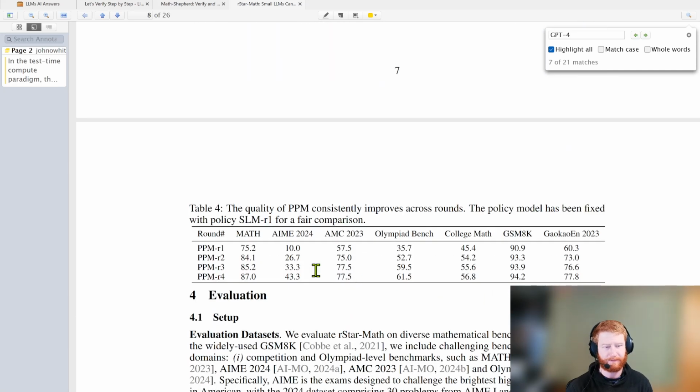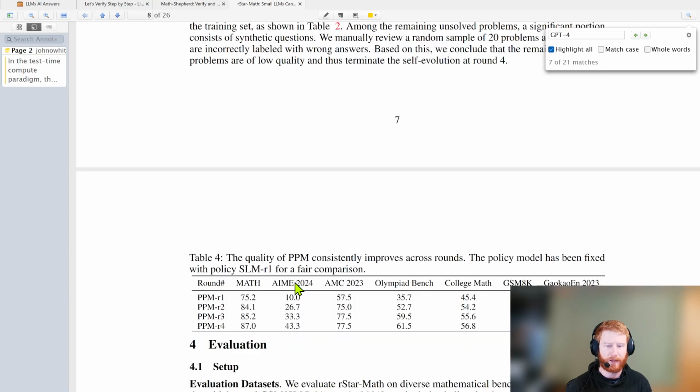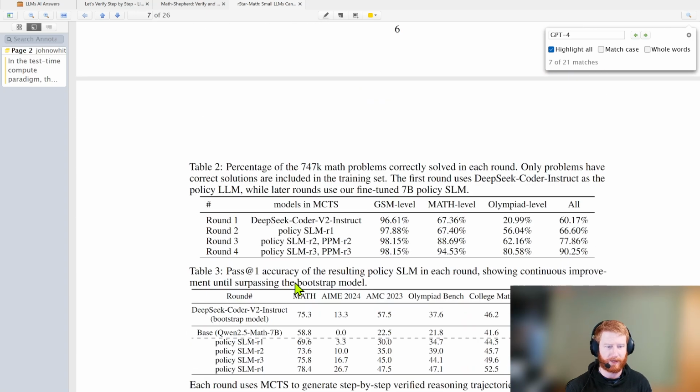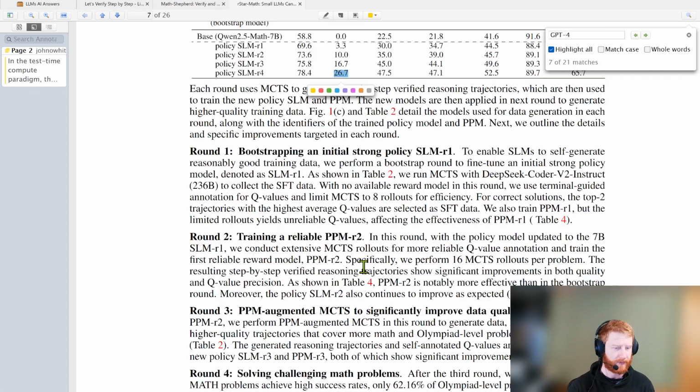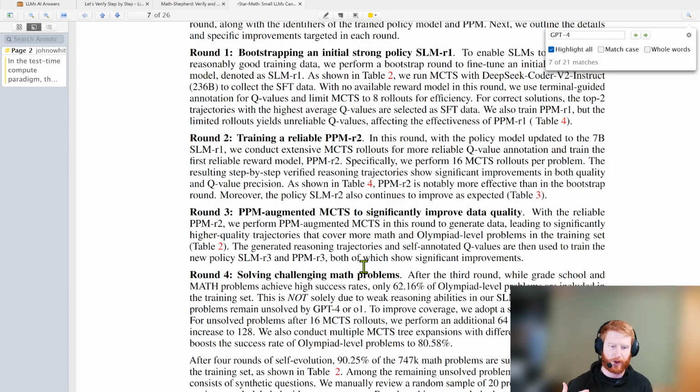And so you can see, if you look at the scores for round 1 versus round 2 versus round 3 versus round 4, and likewise for just using the policy model, there's initial 0% accuracy on the math competition problems, right? Round 1, 3%, 10%, 16%, 26%. It's just this continual improvement because at each stage we're finding higher quality trajectories and we're training on those. So very, very impressive way to bootstrap up.